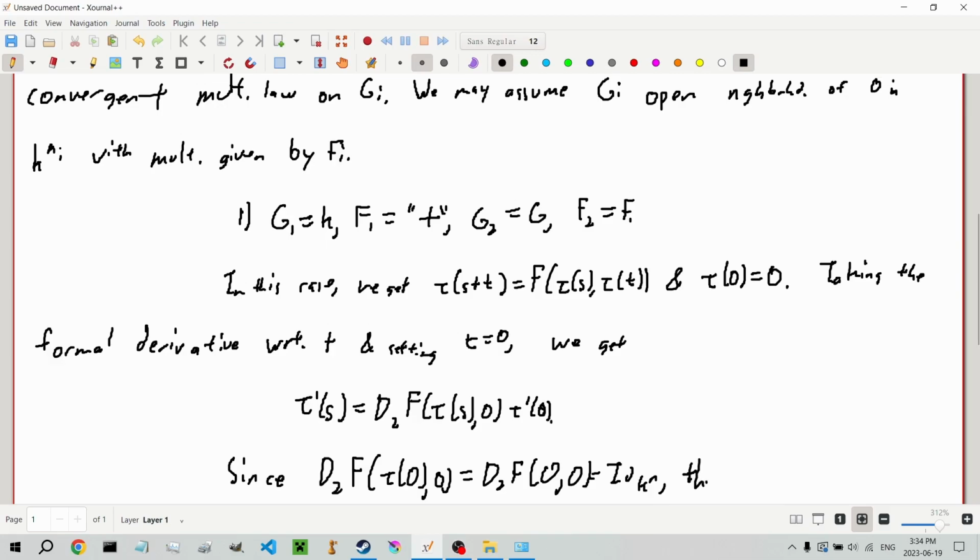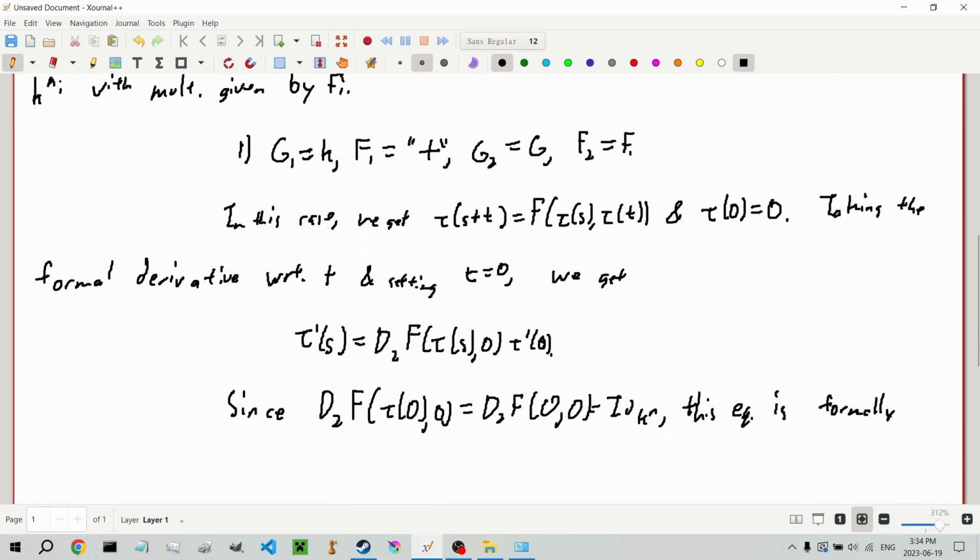This equation above is formally consistent, which is obviously a good thing, at s being 0.